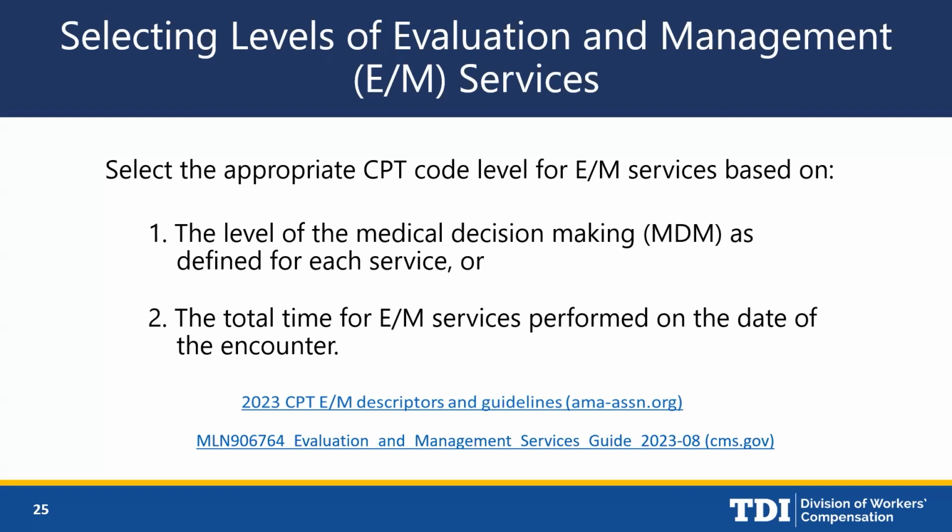One is, if you choose to change the code, it's up to you. It's your business decision. You have to do that within 95 days because it's considered a new bill or another bill, if you will, and the 95 days will be applied. So keep up with that, make your decisions fast, and make sure your documentation matches your choice of E&M service.